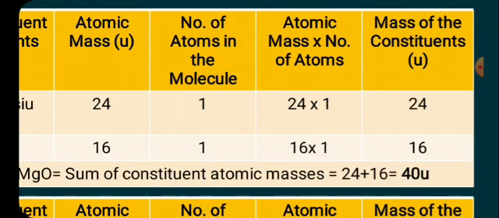Atomic mass multiplied by number of atoms. 24 is the atomic mass of magnesium multiplied by magnesium atom. 24 multiplied by 1 is 24. Oxygen has atomic mass 16. Number of atoms 1. 16 multiplied by 1 is 16. Now let us add these two atomic masses of magnesium and oxygen respectively. 24 plus 16, 40 Dalton.